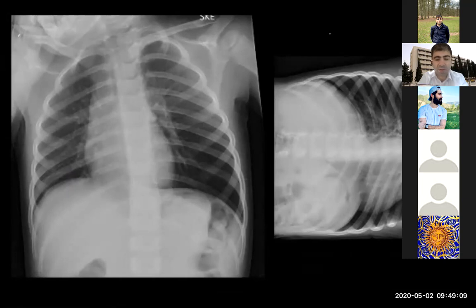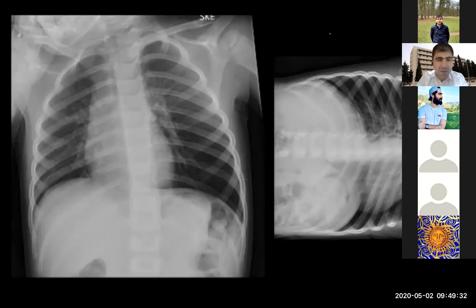So do you see any difference between both lung fields? For example, here and here. So if you concentrate, there's slight hyperdensity or overinflation on this side. It is very subtle.